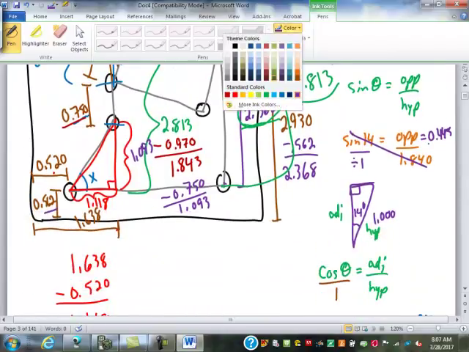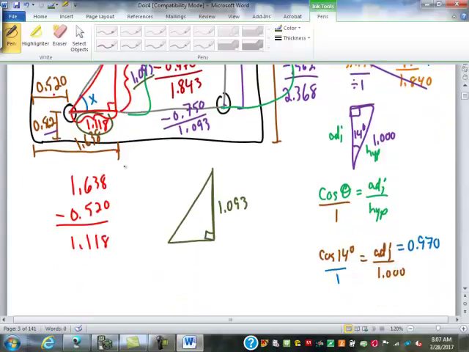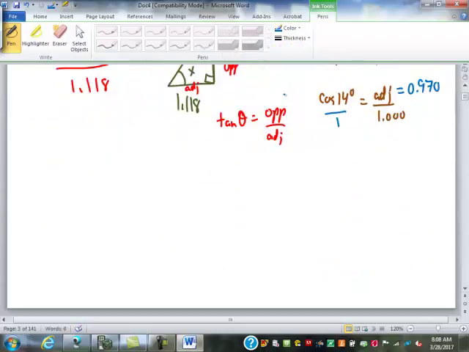So now we're at this triangle here. We're ready to find x. Let's pull that out. I know this side is the 1.093. I know the bottom side is 1.118. Here's my angle. This is the opposite side, and this is the adjacent side. I'm looking at a tangent. So we fill in what we know. We do not know the angle. That's x.